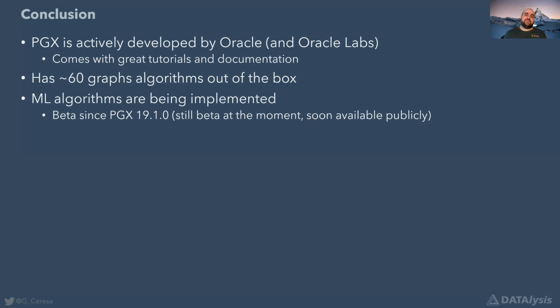Machine learning algorithms, they are there. They exist. They are in beta since PGX 19. They have been available publicly for some time. It was the Oracle Labs PGX release. Right now, you cannot download that version anymore. So right now, you cannot get it. Not this little part, not the DeepWalk part.